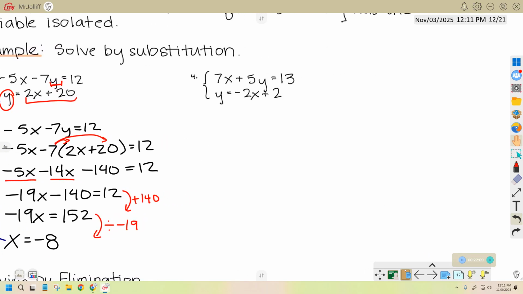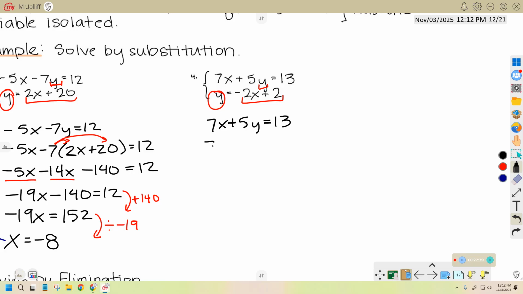We're going to do the same thing. Alex, what should I do first? Very good, because we have y isolated here. So 7x plus 5y equals 13.